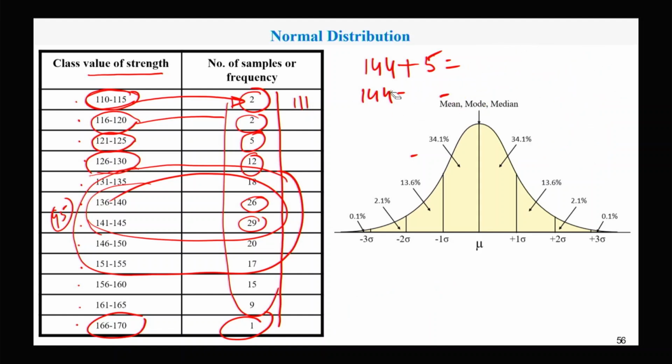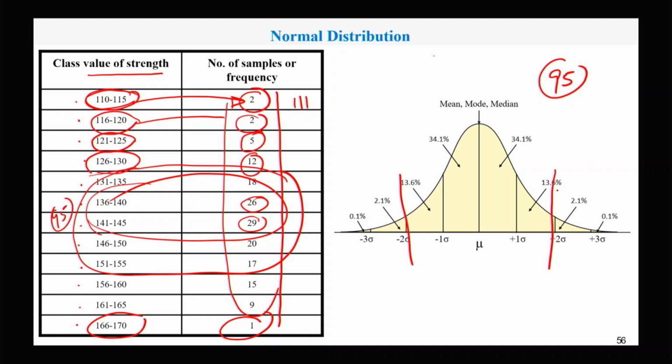That means 5 data points will be beyond that. So approximately 95%, and the 5 data points will be beyond this limit. In this zone and this zone, in total 5 data points. So here there will be 2.5% data, and here 2.5% data.